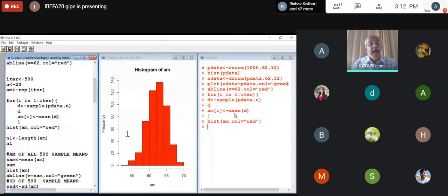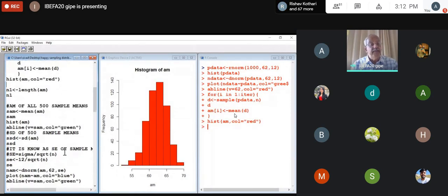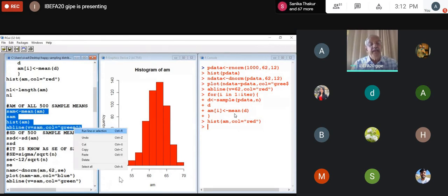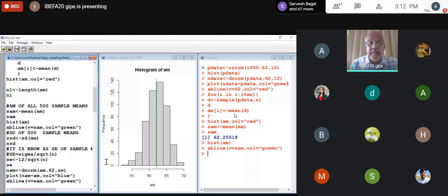But I can plot a curve. I will compute the mean of all the 500 means. Then if I plot, let us see what I get. It still remains symmetric.